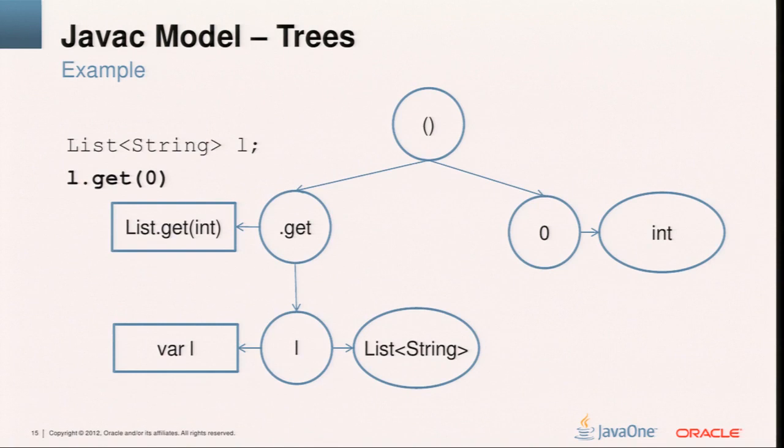And as the last step, processing this tree, we now know that we are calling a method get on list, and we need to find out what's the return type, so that we can, for example, in the same way attribute some AST node above this current one. And we will find that the return type of this method in this particular case is string.